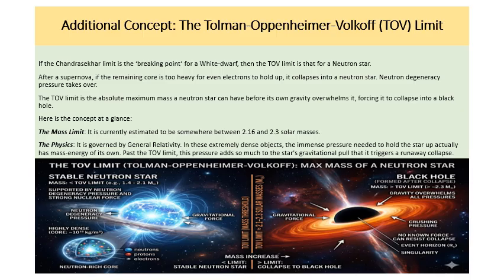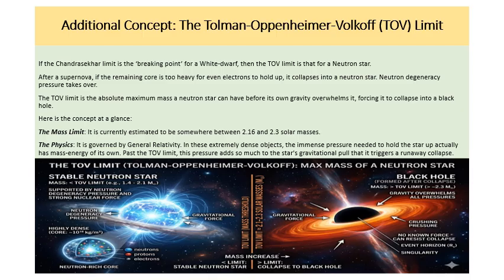And in these extremely dense objects, these neutron stars made entirely of neutrons, the immense pressure needed to hold the star up actually has mass energy of its own. Now this pressure that is keeping the star from collapsing, from the gravity winning, the pressure itself has mass energy, like it behaves like mass.